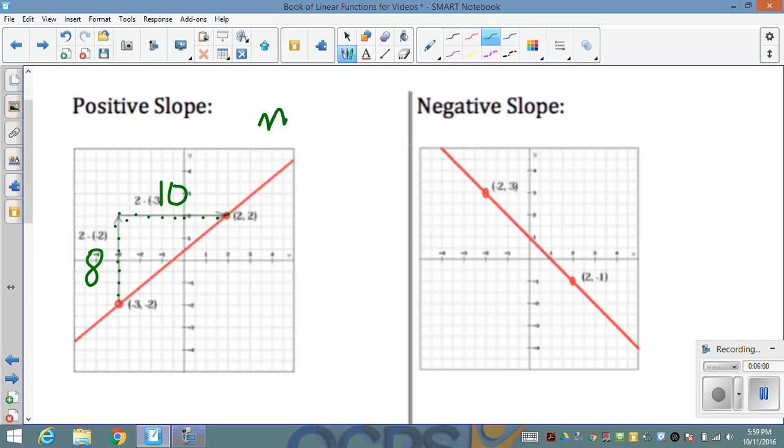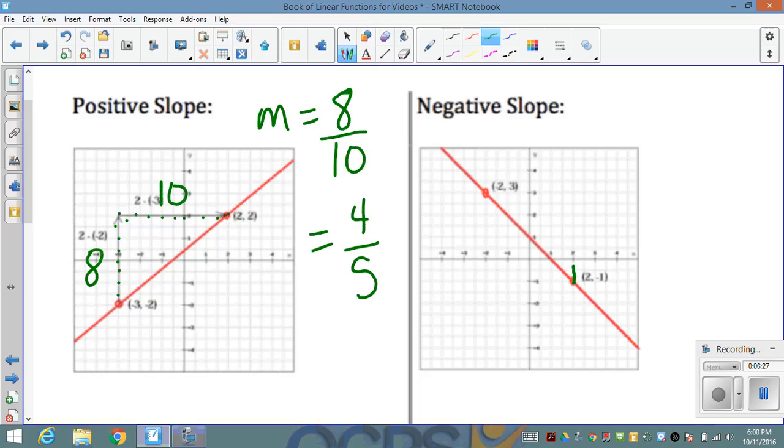So my slope here is rise of 8, run of 10. So 8 over 10. I can reduce that. 2 goes into both, so that would be 4 over 5. And that is positive.